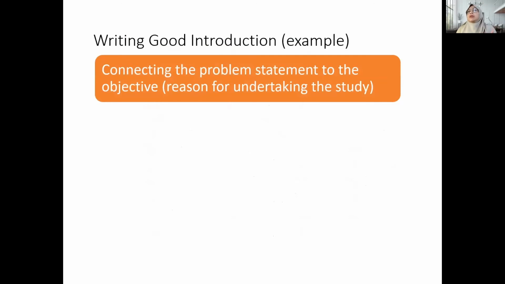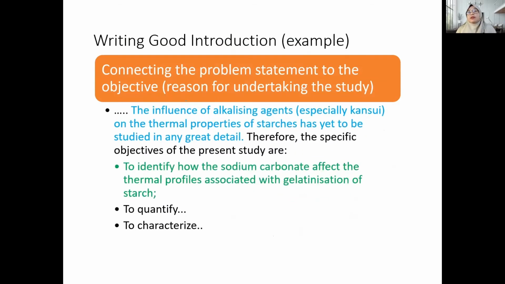Connecting the problem statement to the objective. So this will show the reason for undertaking the study. The influence of alkalizing agents, especially sodium carbonate, on thermal properties of starches has yet to be studied in great detail. So you are telling that the influence of alkaline agents has not yet been studied in great detail.